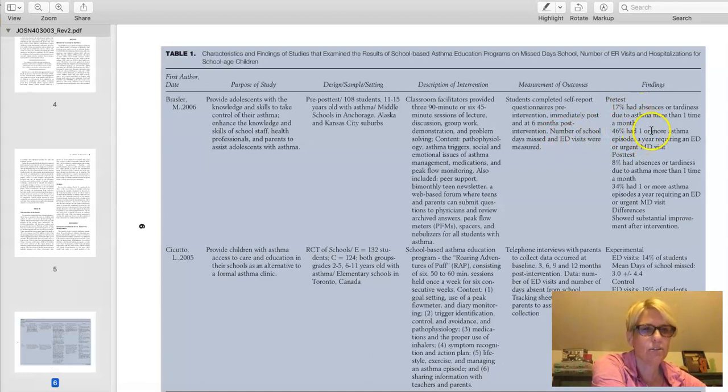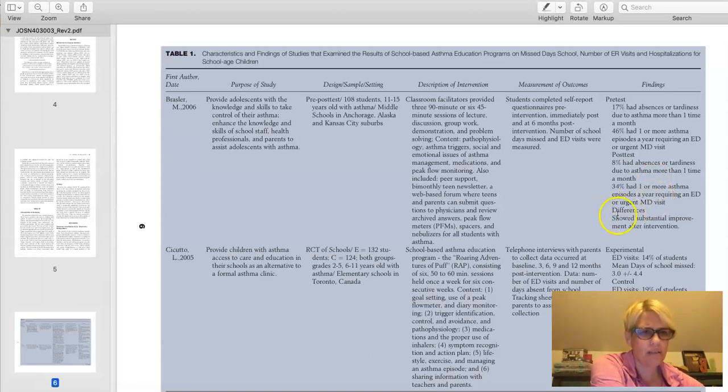So this is similar to what you had in the other 2 where they start to just give basic data on the outcomes. So 17% had absences due to asthma more than one time. 46% had one or more asthma episodes that required an ED visit. That was pre-test. Post-test, then 8% had absences or tardiness, and 34% had 1 or more asthma episodes.